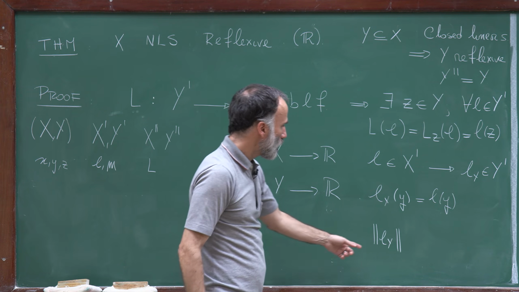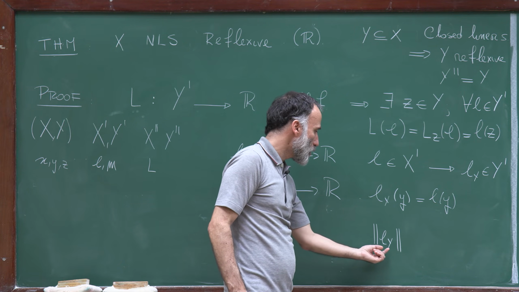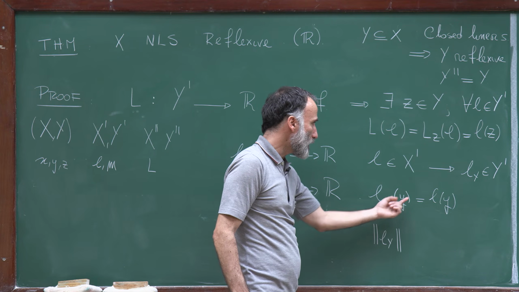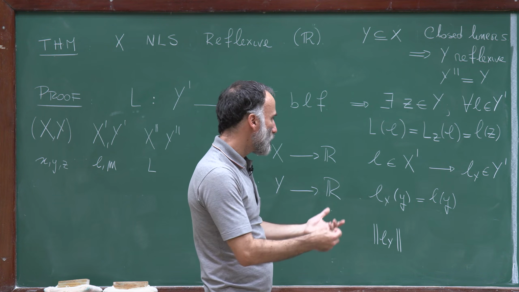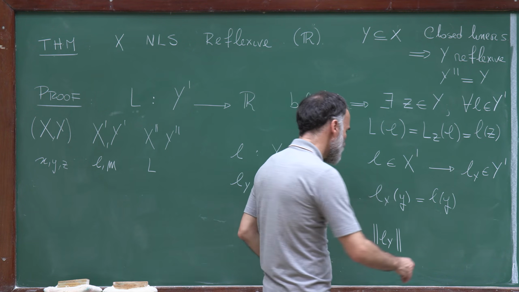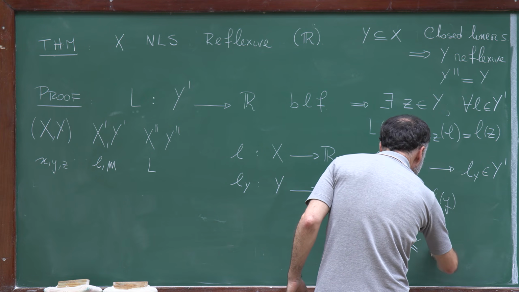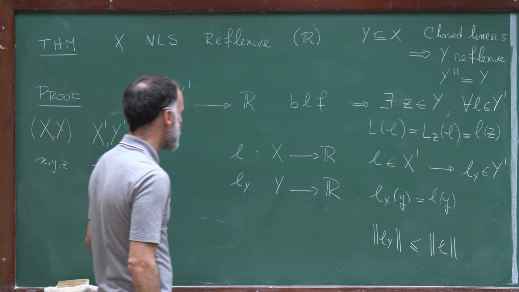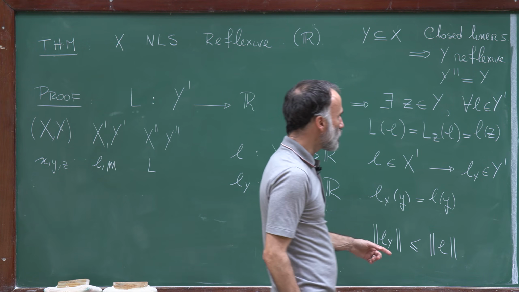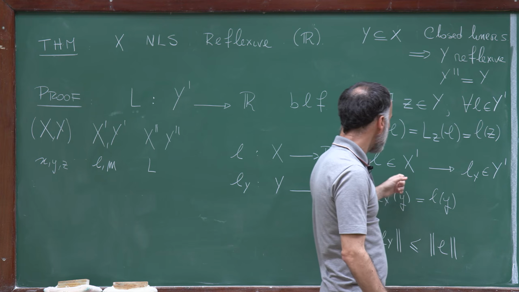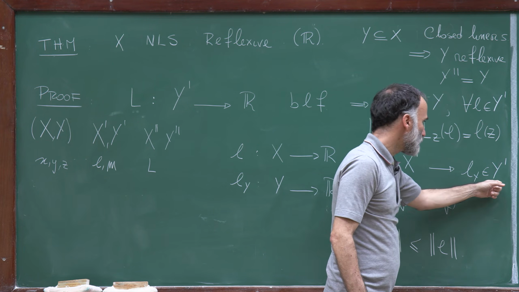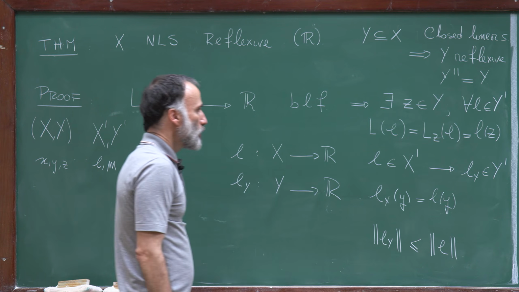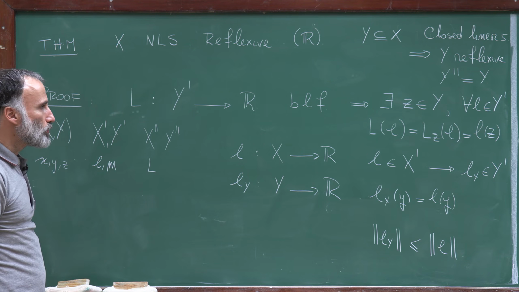And it's also clear that the norm of this l_Y is bounded by the norm of l. Right, the norm of l_Y involves a supremum over elements y in Y, and this will be bounded by a supremum over elements in X. So keep in mind that inequality. So this is a way in which you can go from an element in X prime to an element in Y prime. But now I can do also the opposite.